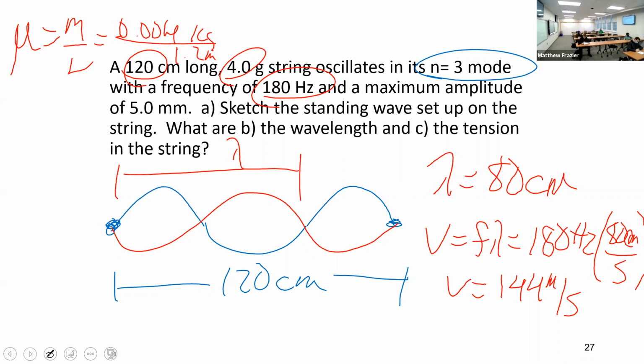All right. And so now we can find the tension, basically reversing our formula for v, which is the square root of F tension over mu. So for F tension, we're going to square both sides, and then multiply both sides by mu.